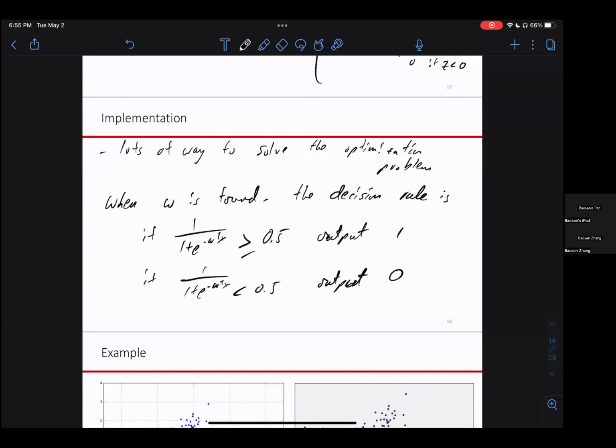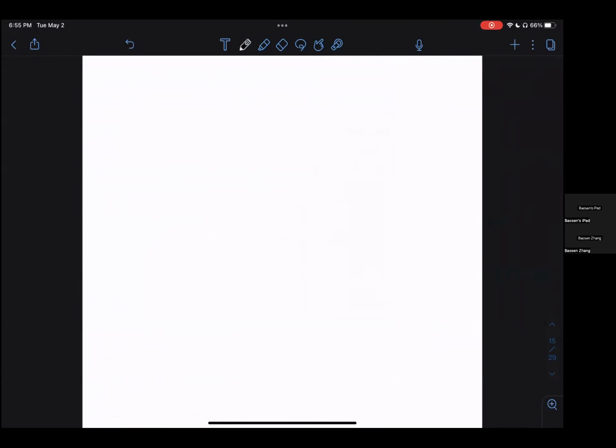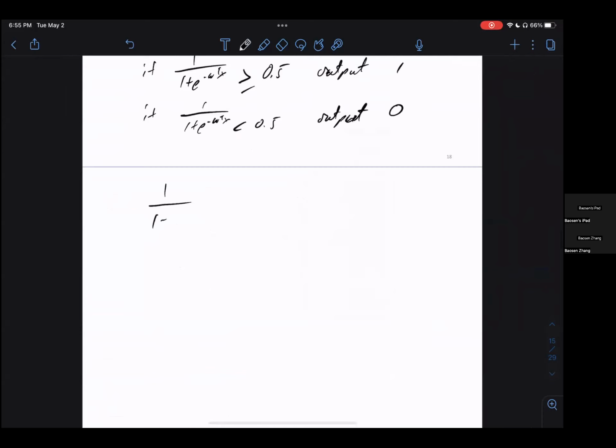This is a monotone function, so 1 over 1 plus e to the minus this thing is greater than or equal to 0.5 if and only if this is larger than or equal to 0.